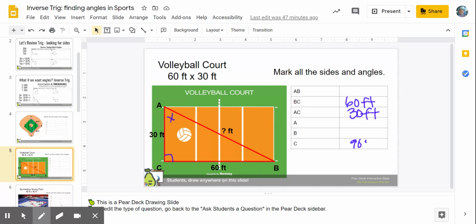How can I find an angle if I know two sides? I could do 180 minus that angle. So if I do 180 minus, I don't know, angle A. Is it?